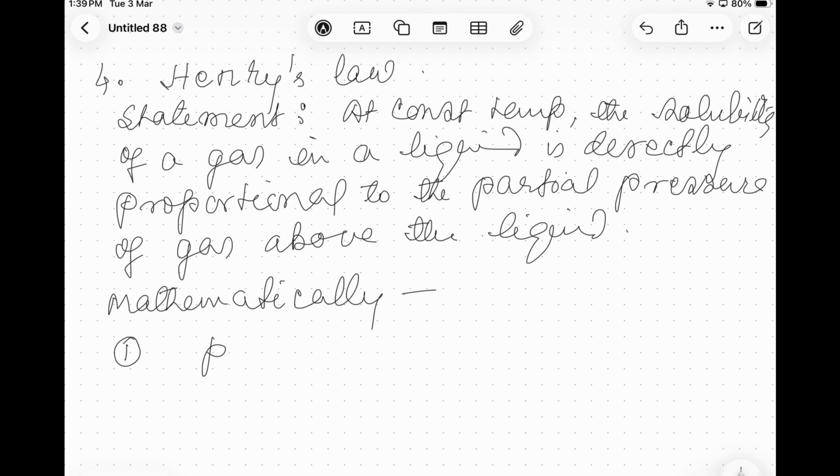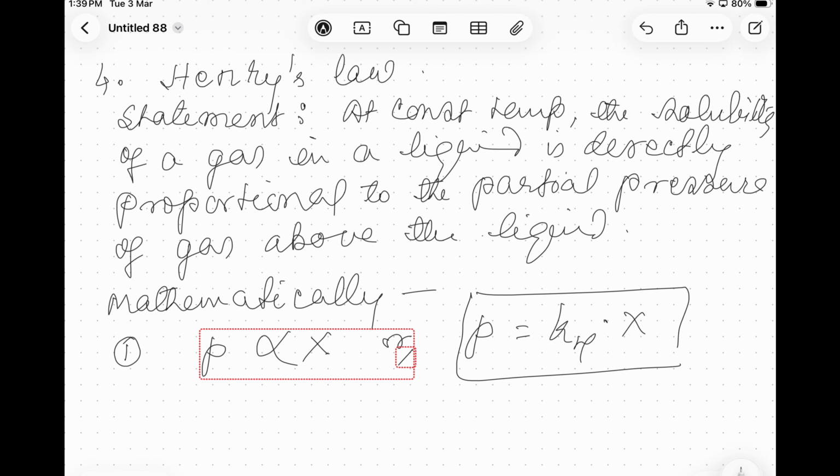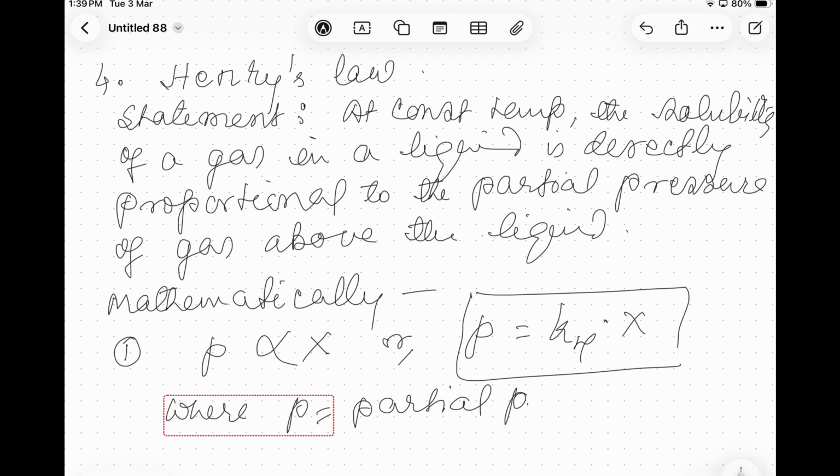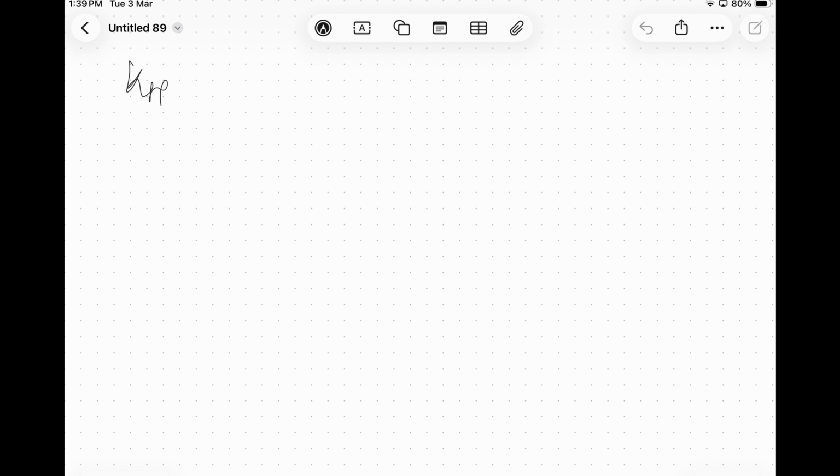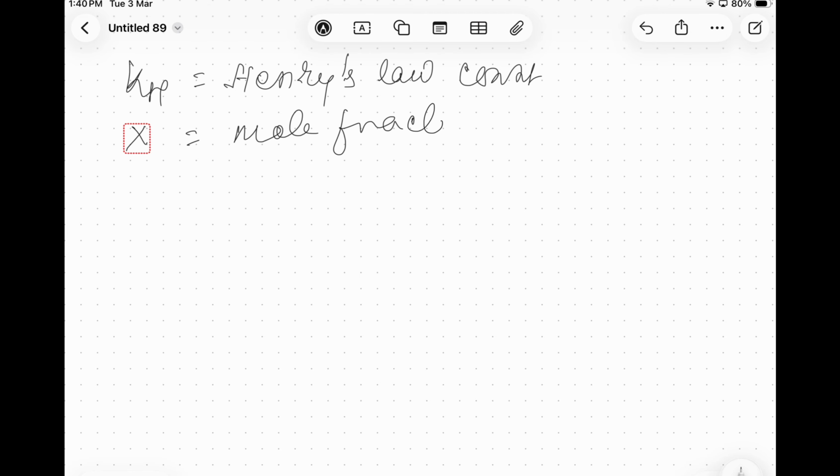One, partial pressure of gas over the liquid is directly proportional to solubility, that means mole fraction, or this equation may be written as P = KH x X, where P is partial pressure of gas, KH is Henry constant, and X is mole fraction of solute, that means gas in solution.